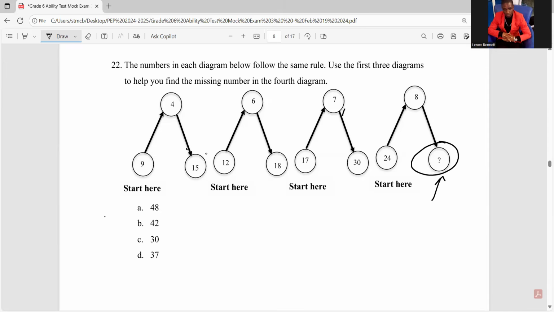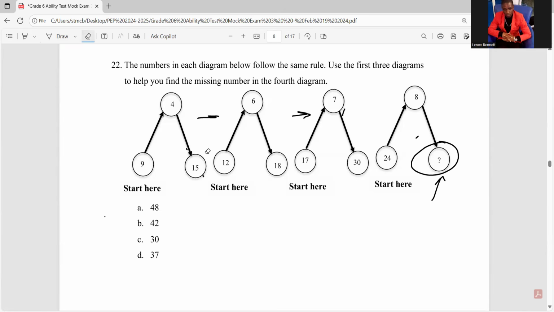So you're going to use this diagram and this diagram to help you with this. It says start here. So we have 9, 4, 15. We can do some trial and error and say, I wonder if it's add 9 plus 4. But 9 plus 4 is 13, so we know it's not that. We have to try to figure out the rule.